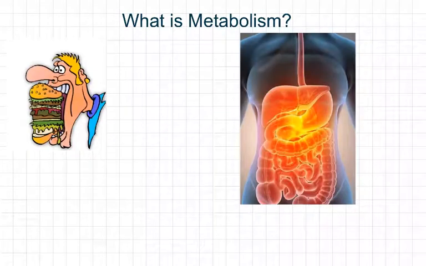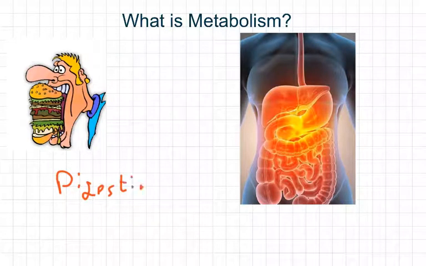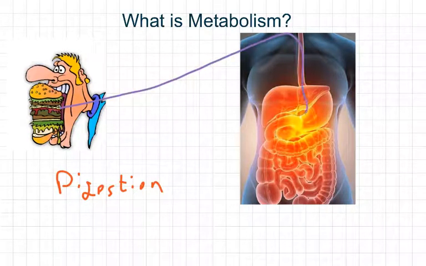Typically, when we think about metabolism, we think about food digestion. What we mean by this is when we eat food, whether it's a hamburger or a salad, the food enters our body and is broken down via the digestive tract.